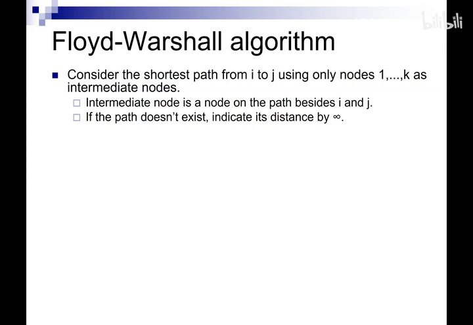Suppose you want to go from a node I to a node J, and suppose you're restricted to only using a subset of the nodes as intermediate nodes. So for the path from I to J, I only allow you to use nodes 1 up to K, for some K. And if it's not possible to go from I to J using only the subset of nodes, then you indicate that the distance is infinite, at least using that set of nodes.